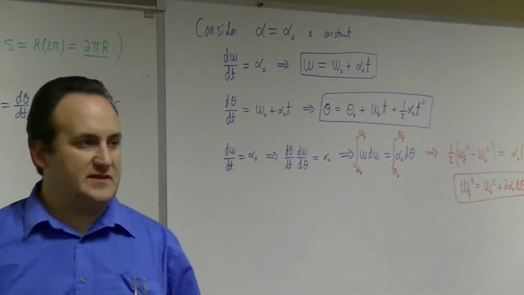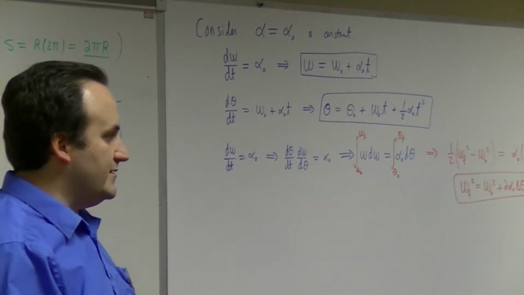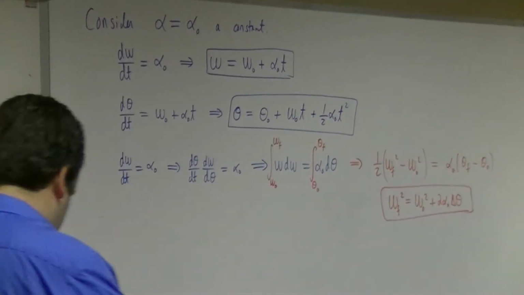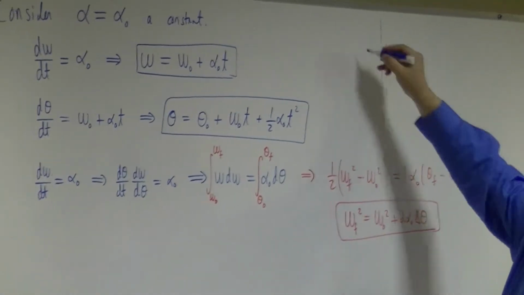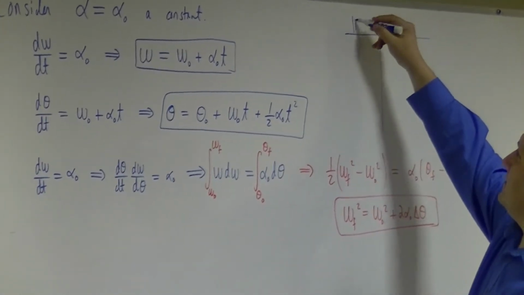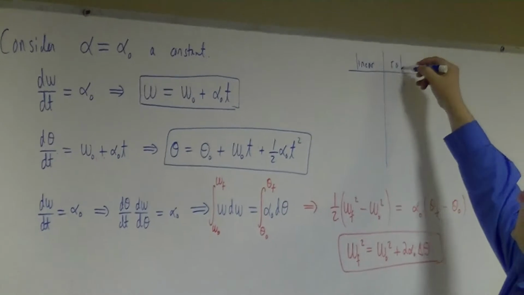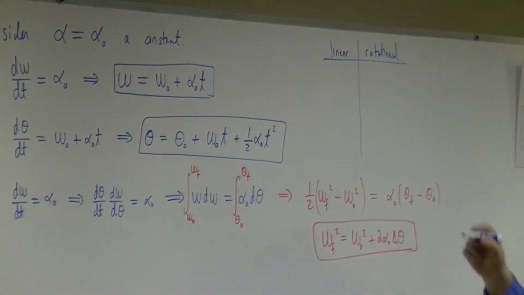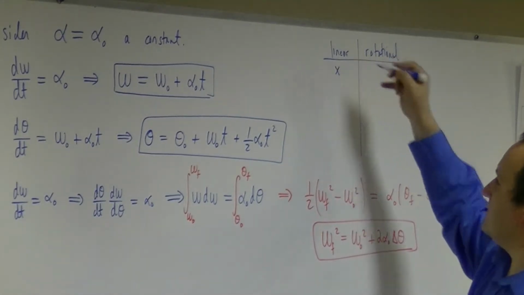So we're starting to build a dictionary, a bridge between worlds, if you like. There are two worlds. Over here we have linear, over here we have rotational. In linear, we had position, x.